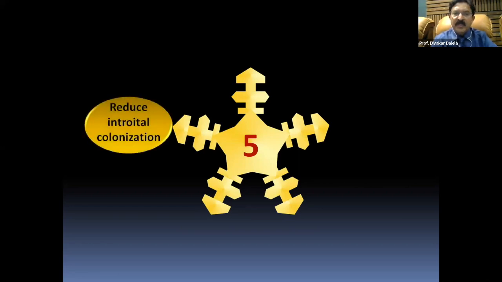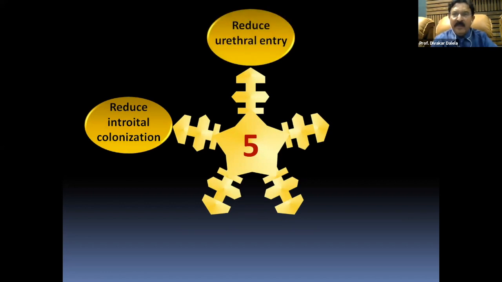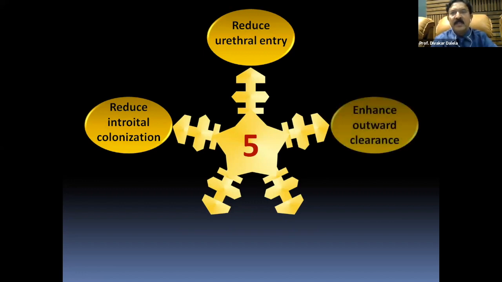Try and reduce the colonization of bacteria in the external genitalia, what we call medically the introitus. Then try to have a lesser opportunity: try to minimize the entry of bacteria through the urethra inside the bladder, strategy 2. Third is, do something so that whatever bacteria have gained entrance in the urinary bladder are thrown out of the bladder and not allowed to stay there for long.